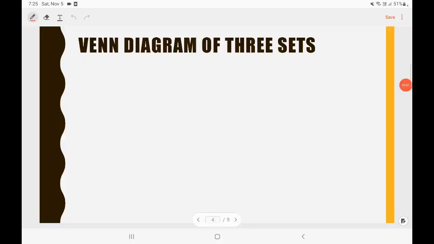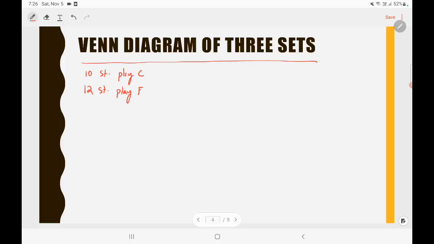Now let us see the case of 3 sets, that is, if you are given 3 sets of data. I'll give you an example. Let's say 10 students play cricket, 12 students play football, and 8 students play hockey.